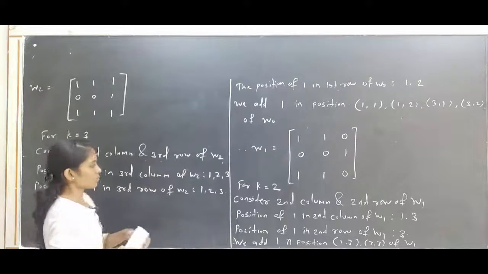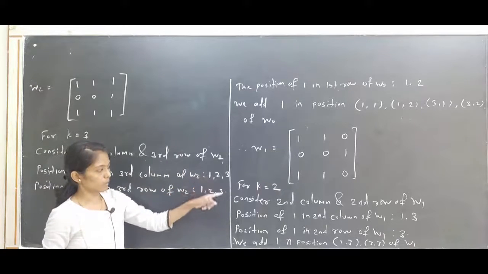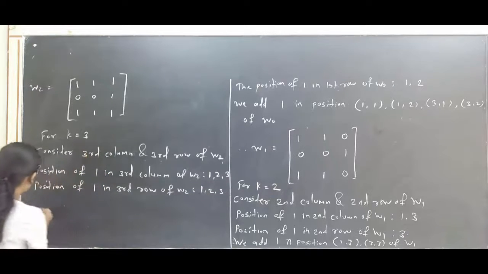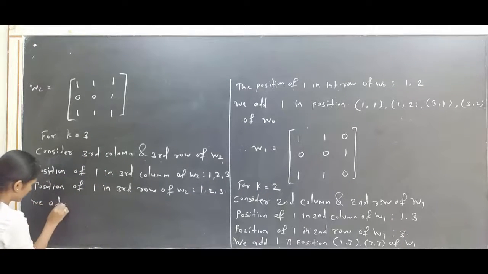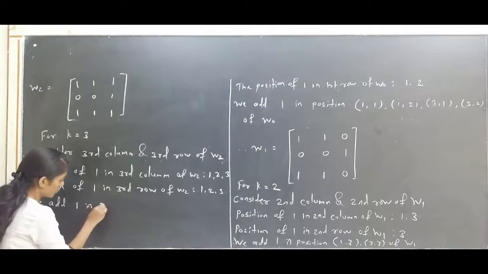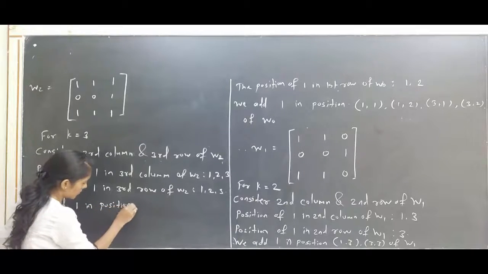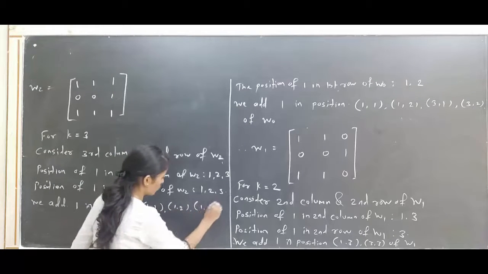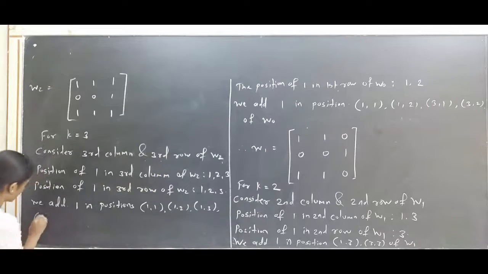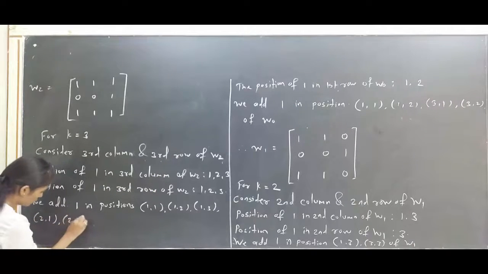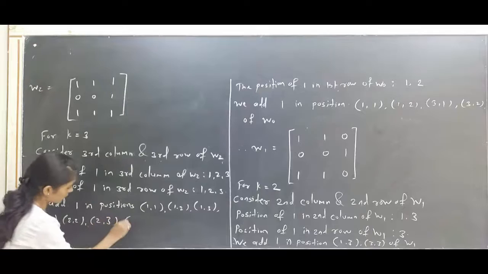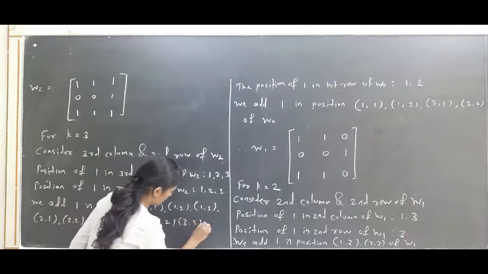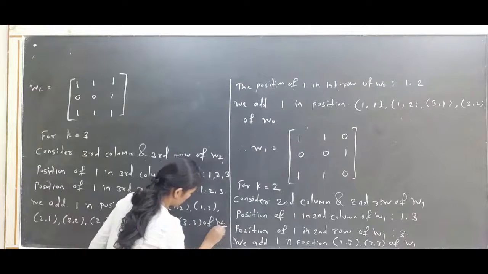So now take the Cartesian product: 1 1, 1 2, 1 3, 2 1, 2 2, 2 3, 3 1, 3 2 and 3 3. So we add 1 in positions 1 1, 1 2, 1 3, 2 1, 2 2, 2 3, 3 1, 3 2 and 3 3 of W2.